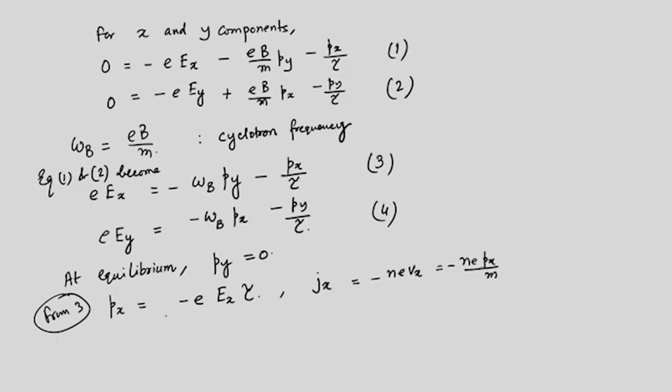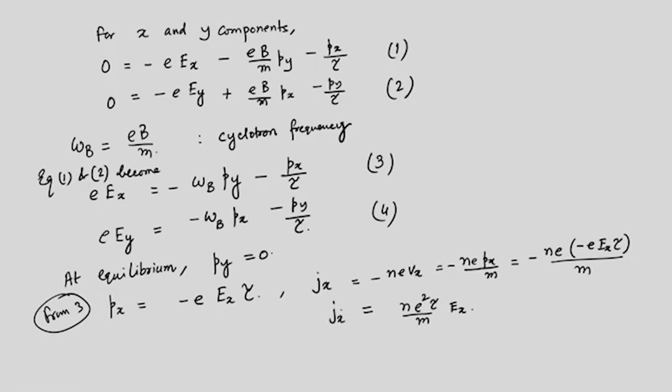And if you substitute that, then it becomes minus Ne, and Px is nothing but minus Ex tau. This capital E is the component of the electric field. So, this gives you Jx equal to Ne square tau by M times Ex. Okay.